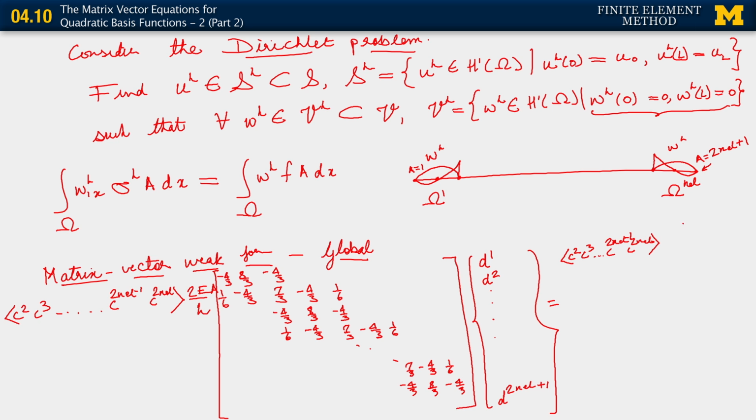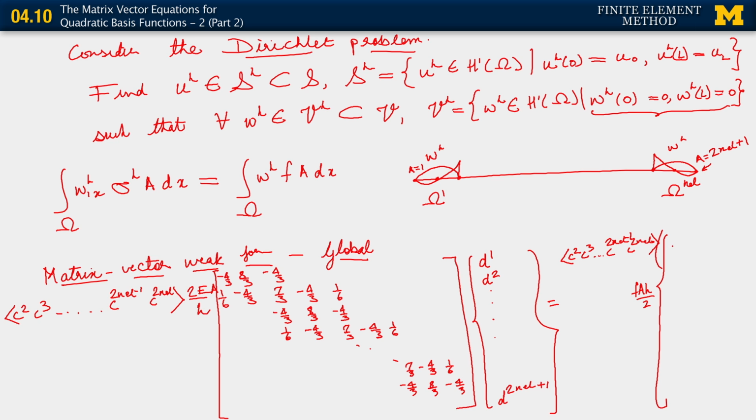This is multiplying a vector which is first of all multiplied by F, A, H over 2.